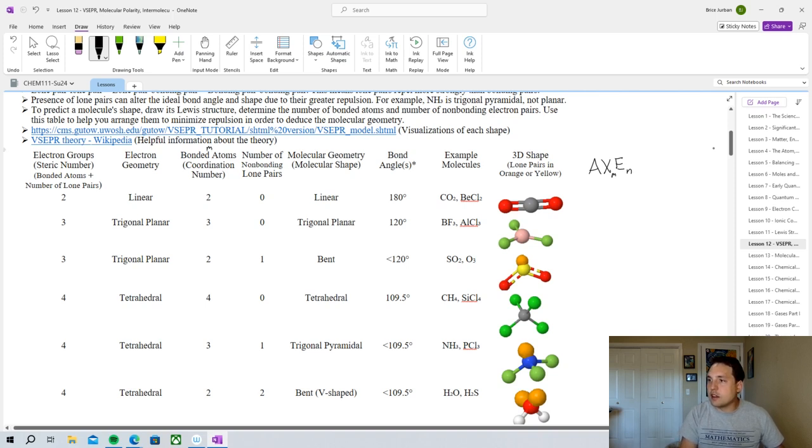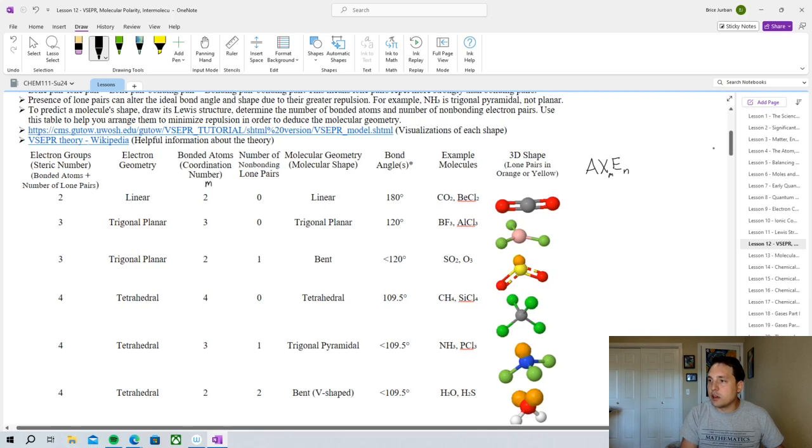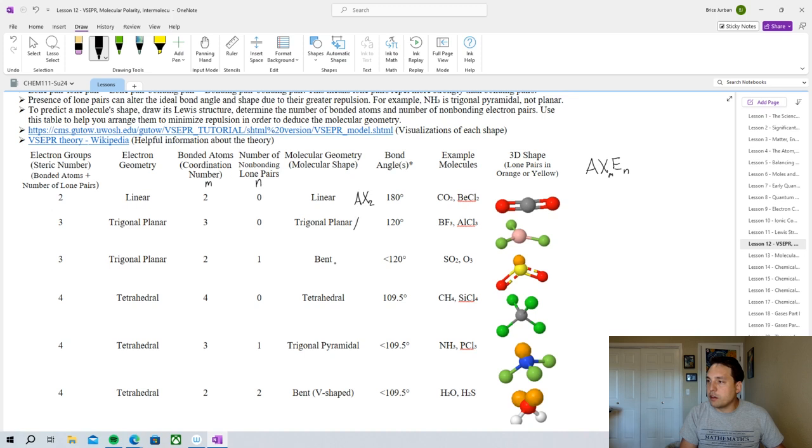So if we assign this the letter M, the coordination number, and then the number of non-bonding lone pairs N, each of these molecular geometries will have a unique AX notation. So for linear, this will be AX2. For trigonal planar, this will be AX3.